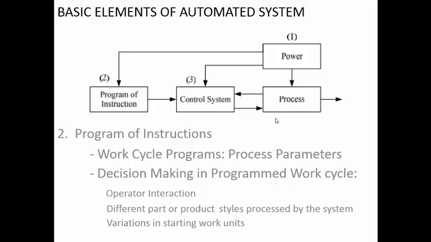If it is a heat treatment, the instructions will be how much to increase the temperature. If you want to do the normalizing process, the temperature required is 720 degrees centigrade, and you have to hold it for some amount of time, and then you have to cool it, whether the cooling is air cooling or it may be water quenching or it may be some other type of cooling process.